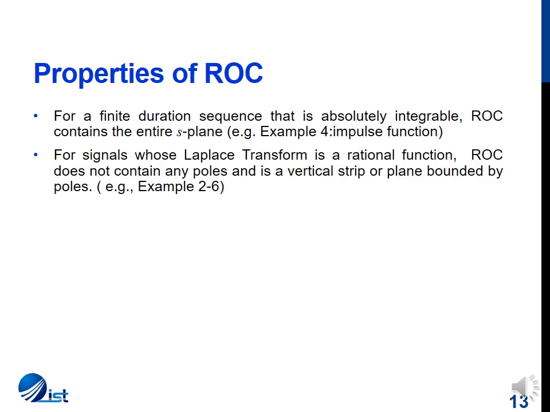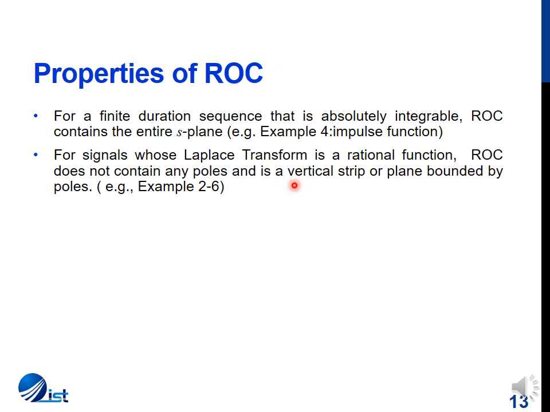For signals whose Laplace transform is a rational function, ROCs do not contain any poles, and it's a vertical strip or plane bounded by poles. This we have seen in all the examples, that whenever the Laplace transform was in the form of a rational function, the ROC was always either outside the poles or inside the poles or within two poles.